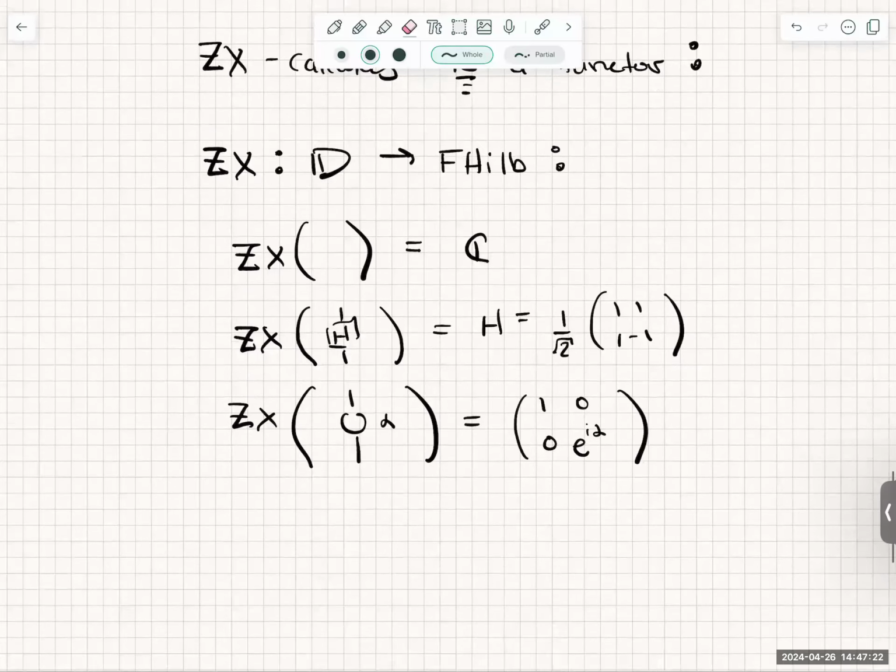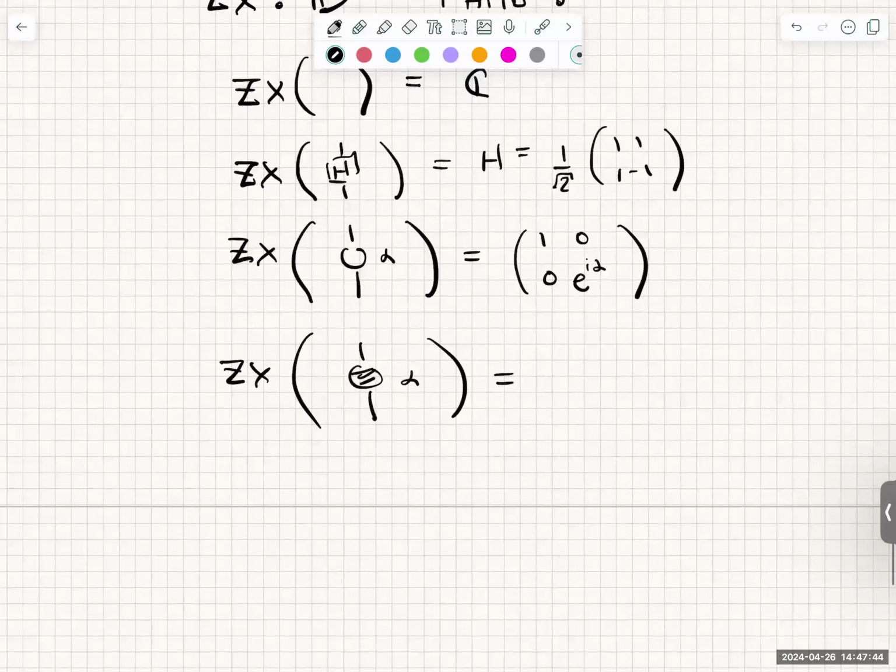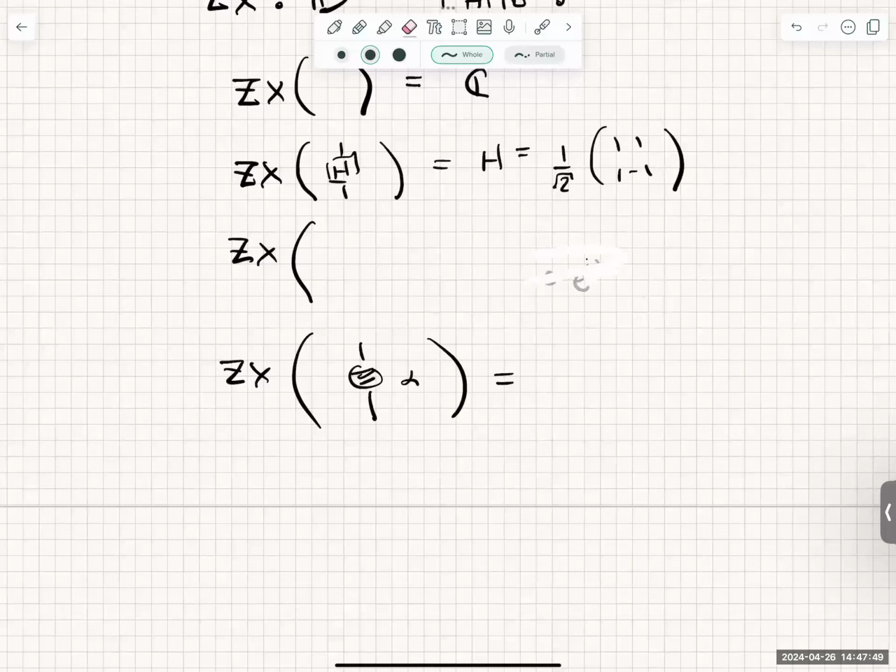And then we also have that ZX of alpha is equal to, just remind myself how I wrote this. Oh, okay, this is not a generator. Well, it's a special instance. Okay, there we go.